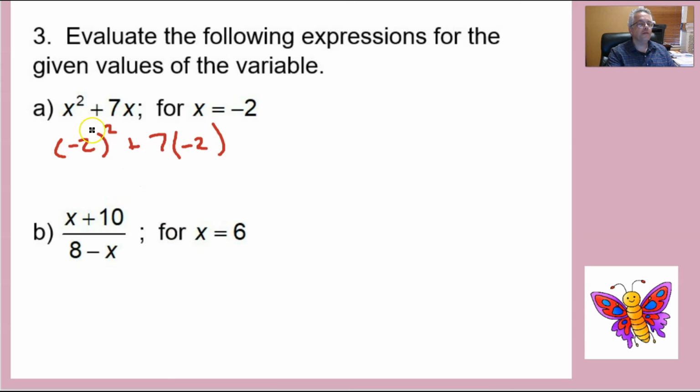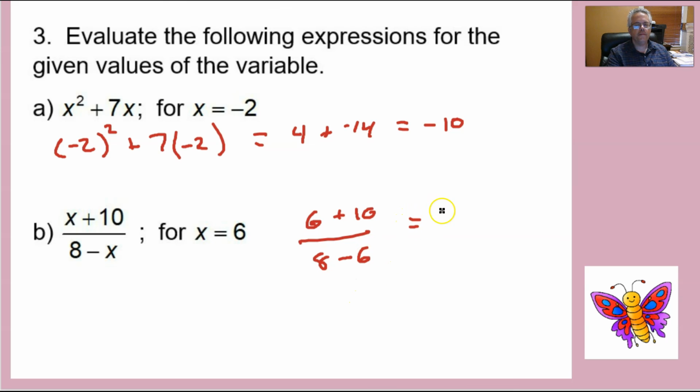So negative 2 squared plus 7 times negative 2 would be 4 plus negative 14, which is negative 10. On this one, it's division. So I'm going to substitute the values, 6 for x. I'm going to simplify the top and bottom first, and then divide. 16 divided by 2 is 8.